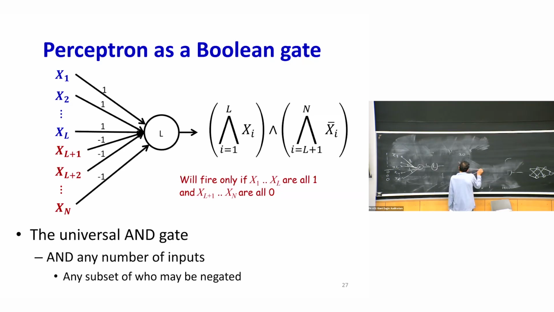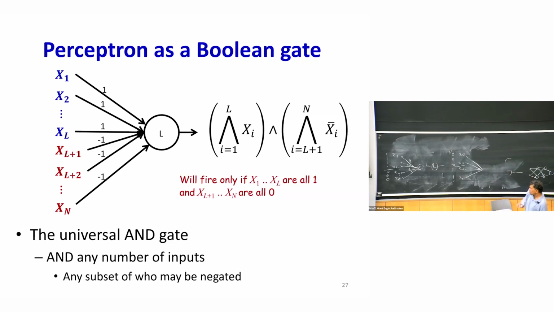What are the conditions under which it will not fire? It must fire if any of these L is 1 or any of these is 0. So what is the condition under which it will not fire? All one. Everything at the bottom is one. If all of these are 1 and all of these are 0, that's the only time it will not fire, right?